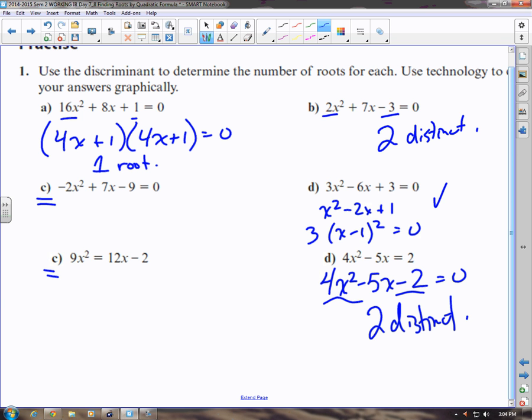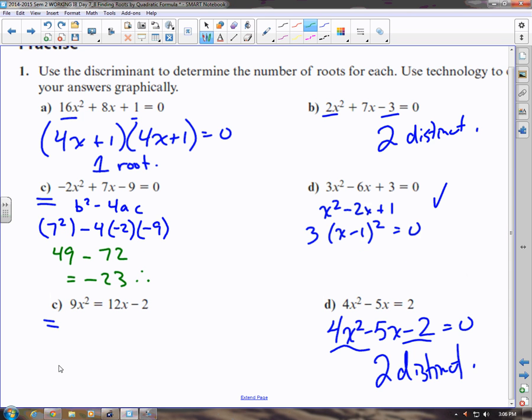We can't really tell, so try the discriminant on those 2. You can work exactly with what we have. I'm not multiplying, and I'm not getting rid of the negative.